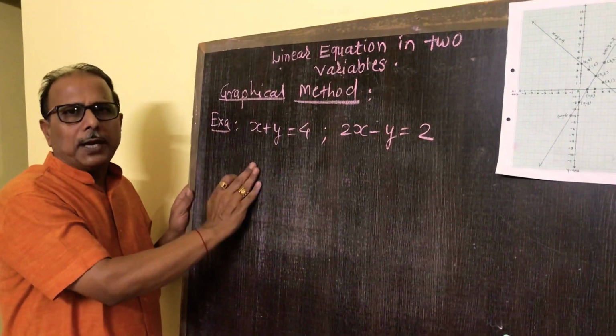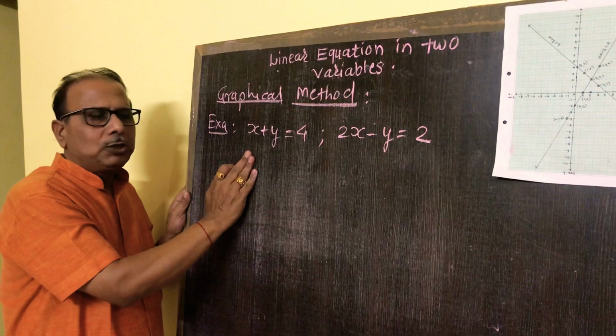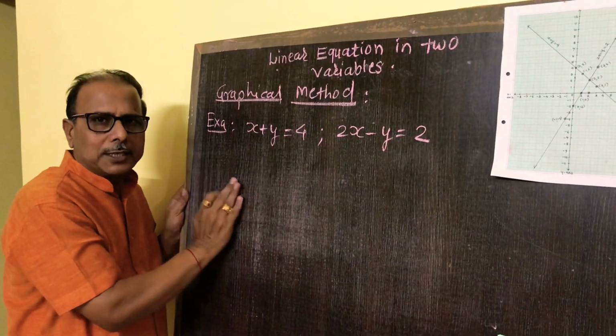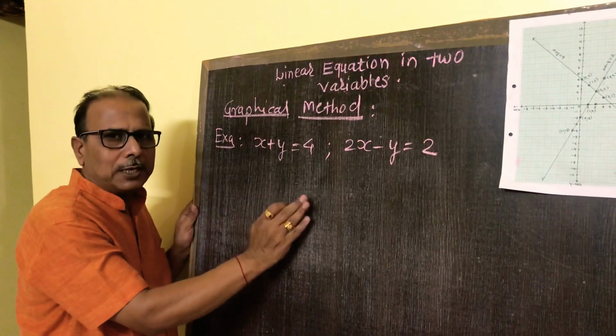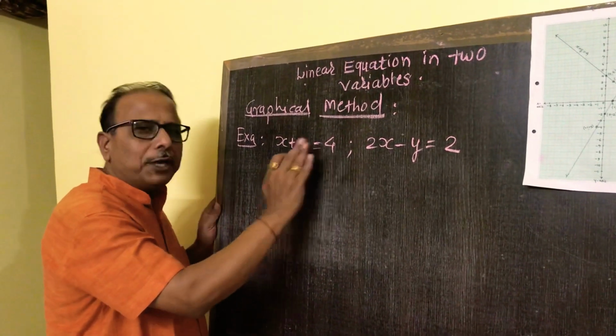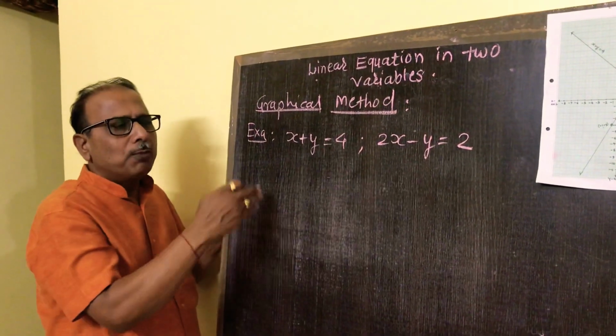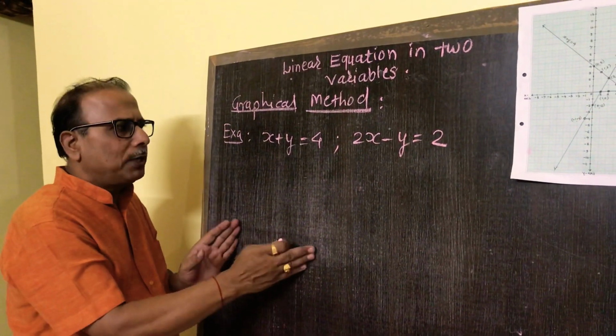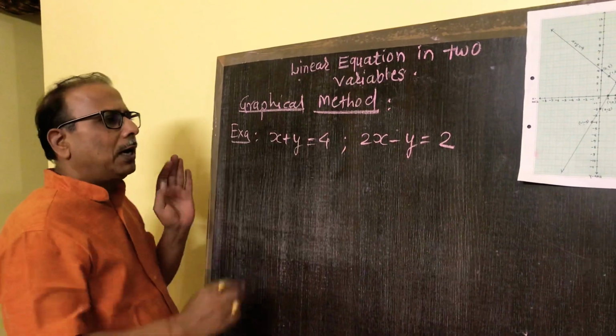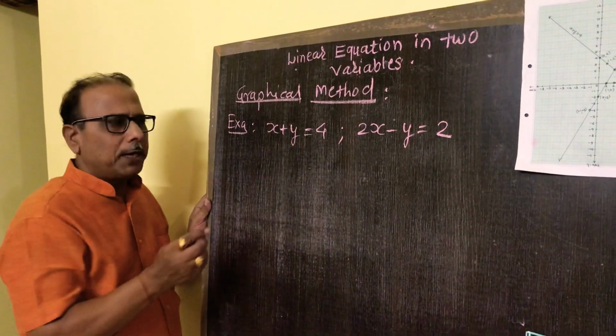To draw the graph line for an equation, we should make the solution set, that means a table of solution set for each equation, and then we plot the points, the coordinates of those points, on graph paper, and we can draw the graph line.